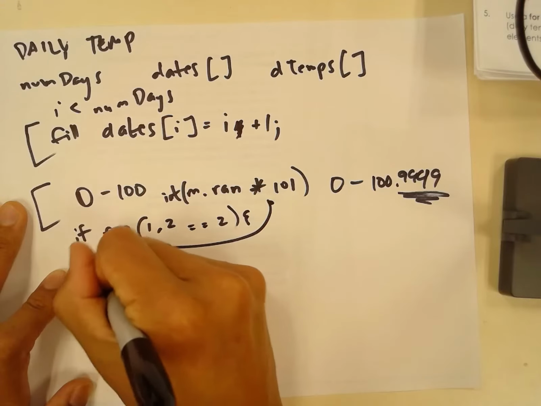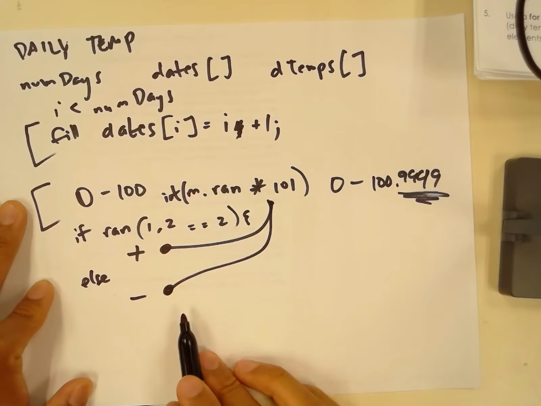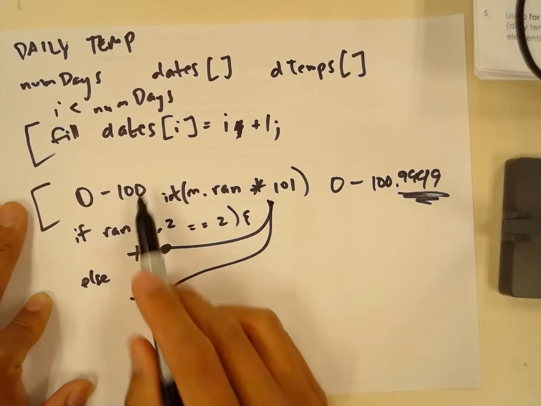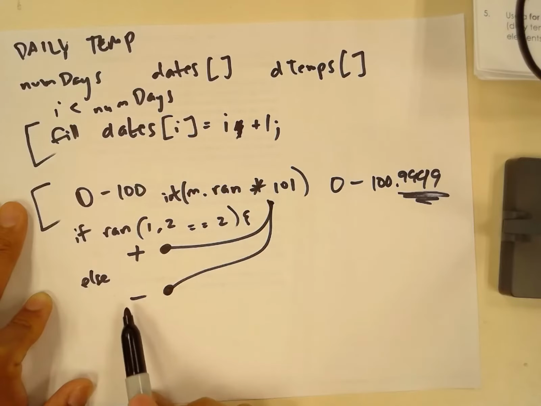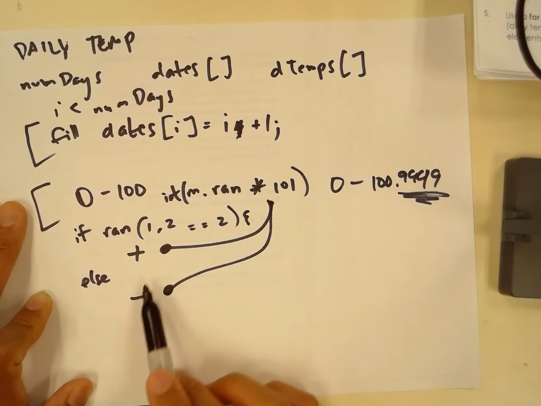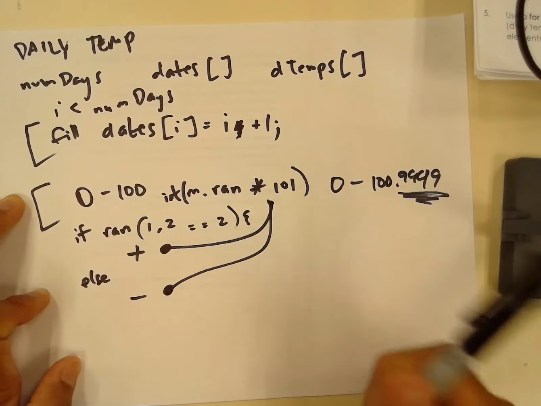And then you do else, you'll make that expression negative. So this algorithm is going to generate random numbers from -100 to +100. It's going to do this half of the time, and it's going to do this the other half of the time.